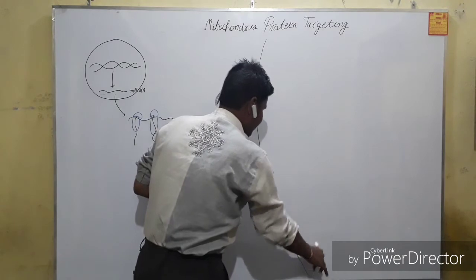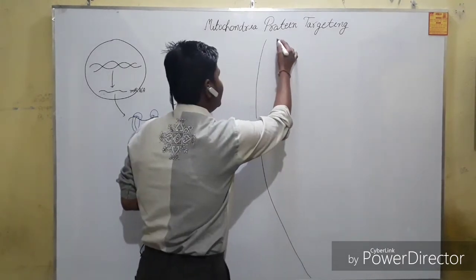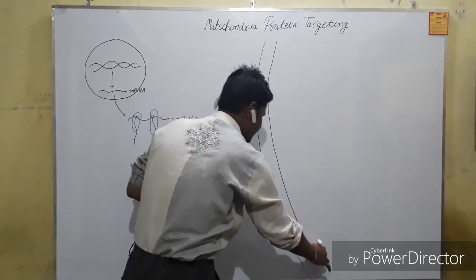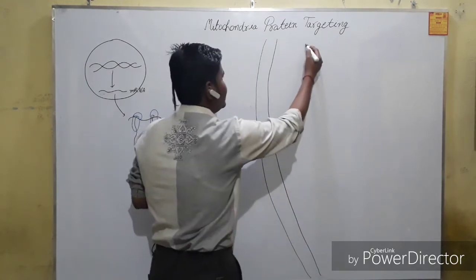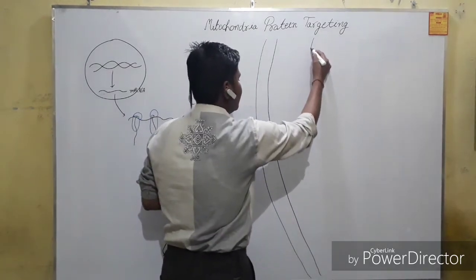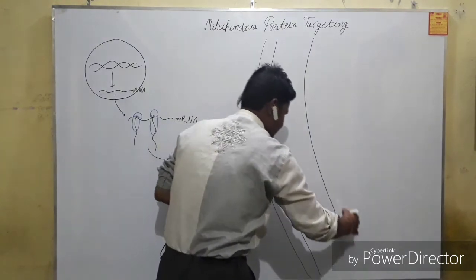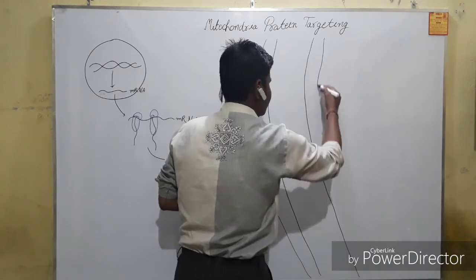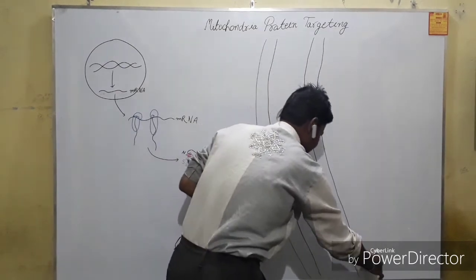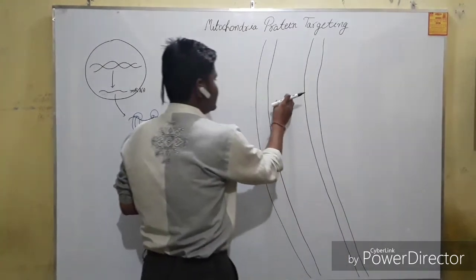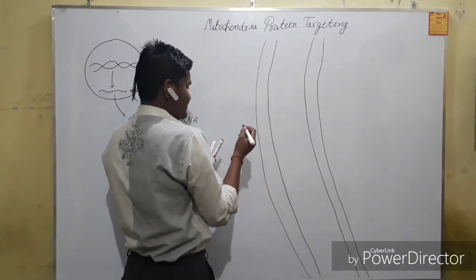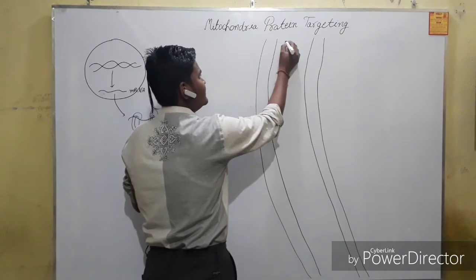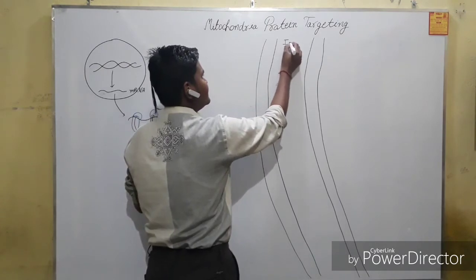We know that mitochondria are a double membranous structure. This is the membrane of the outer, and this one is the membrane of the inner, and this is the intermembrane space, that is IMS.